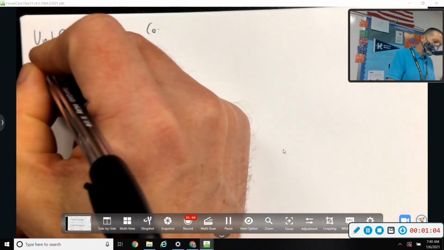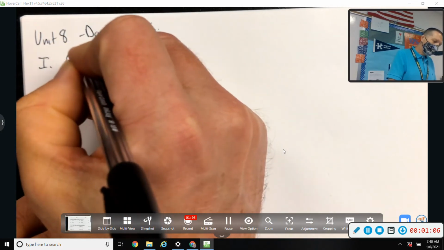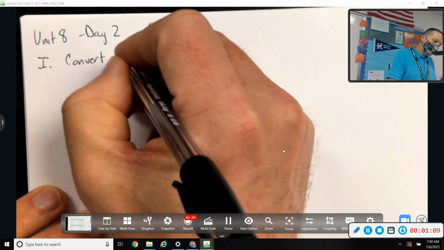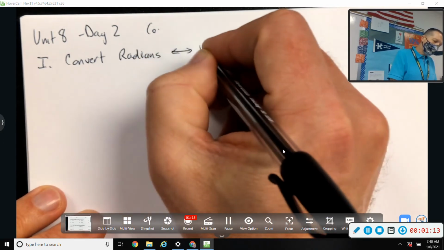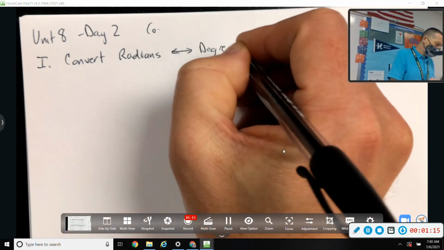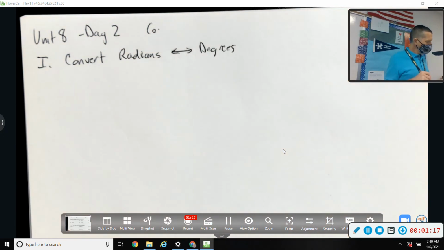Well, it's not all about converting radians and degrees. So, Roman numeral 1, convert radians back and forth with degrees. 3 Roman numerals today, but they get shorter as we go.